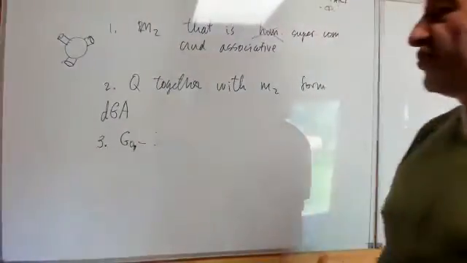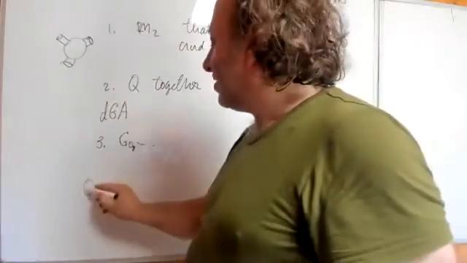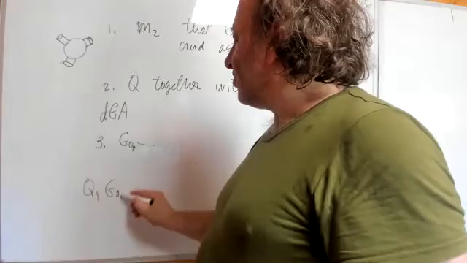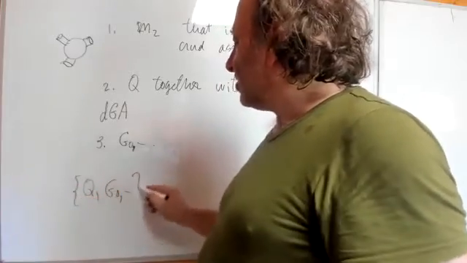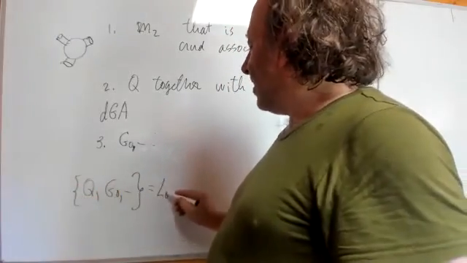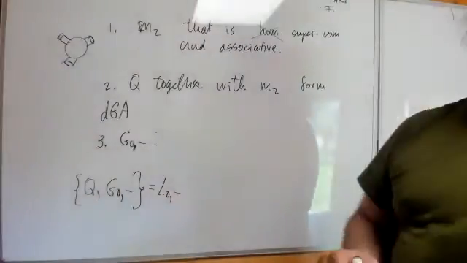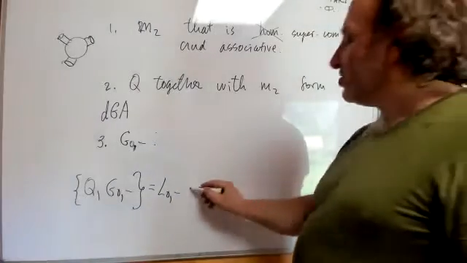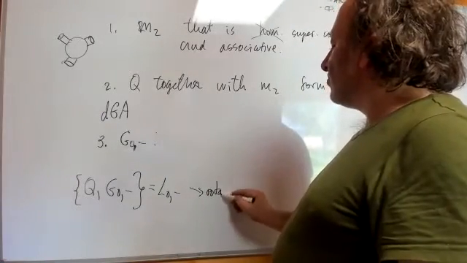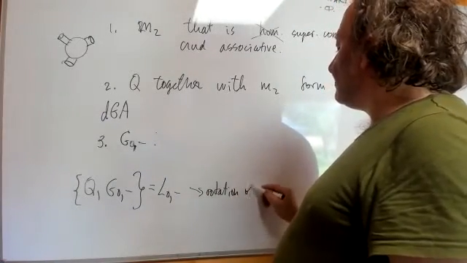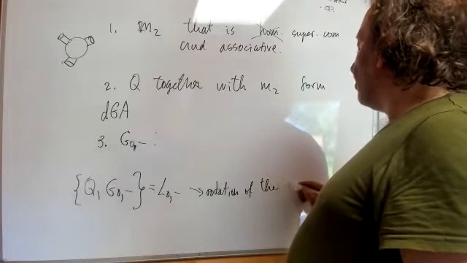As it comes from string theory, the anticommutator of Q and G naught minus should be L naught minus, a rotation of the loop.